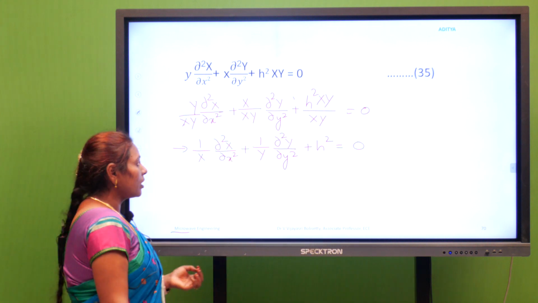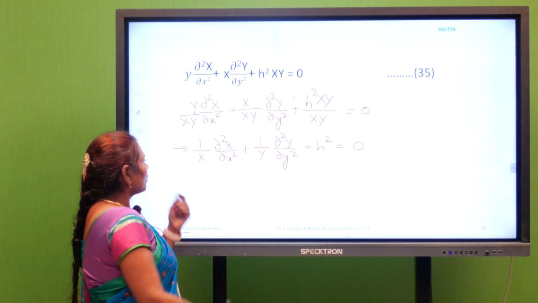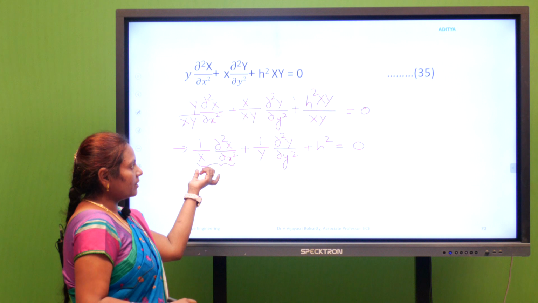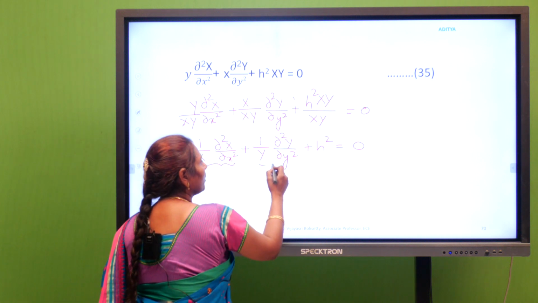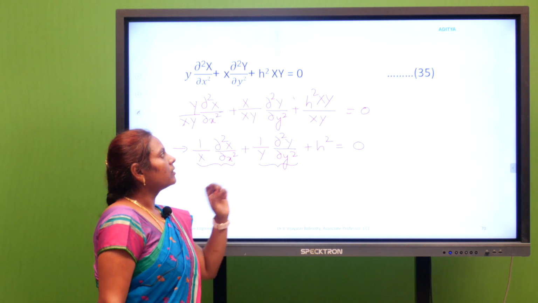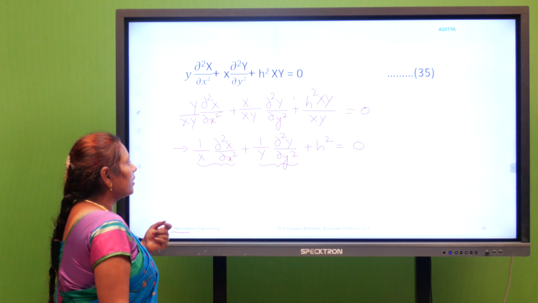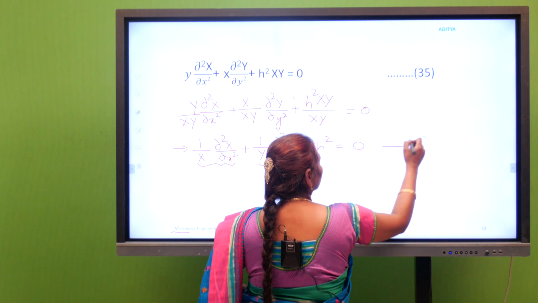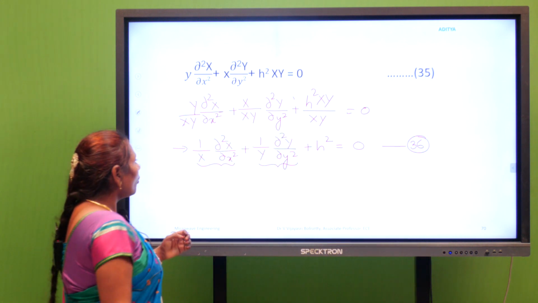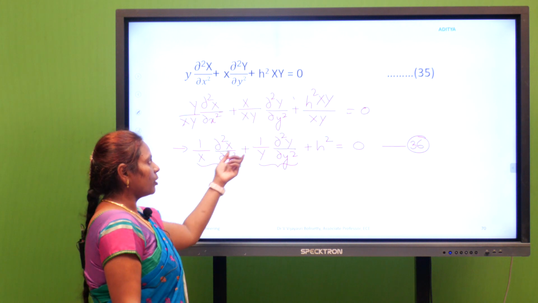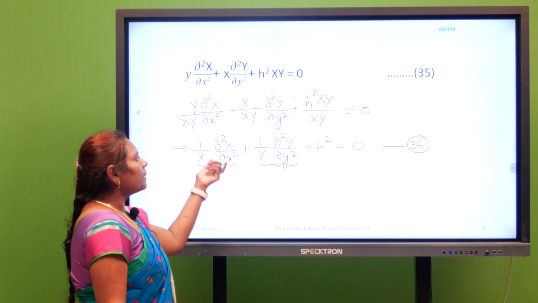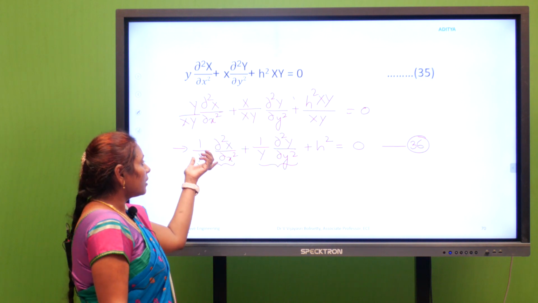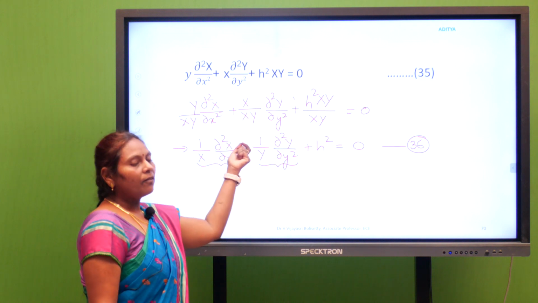Now, in this equation, the first term has only x, the second term is a function of y, and the third term remains constant. We can consider this equation as 36, and now we can expect the solution for the first and second terms, because this is a simple second order differential equation with an x term and a y term.